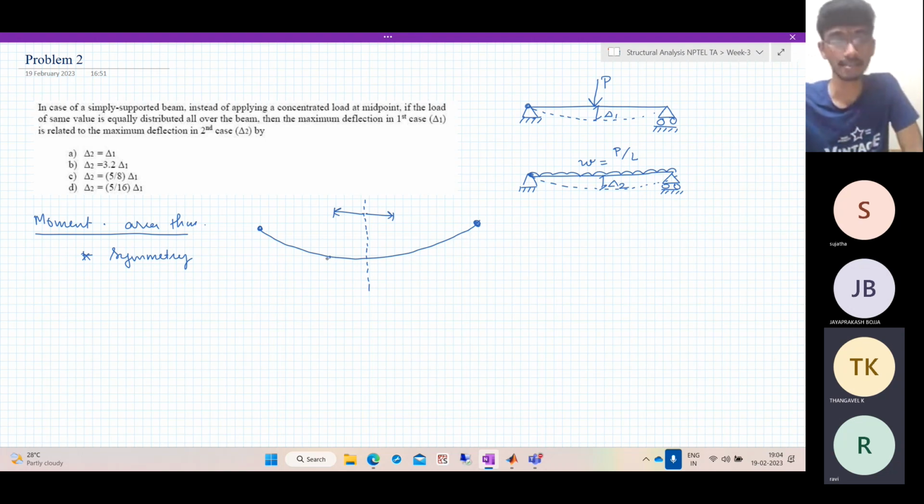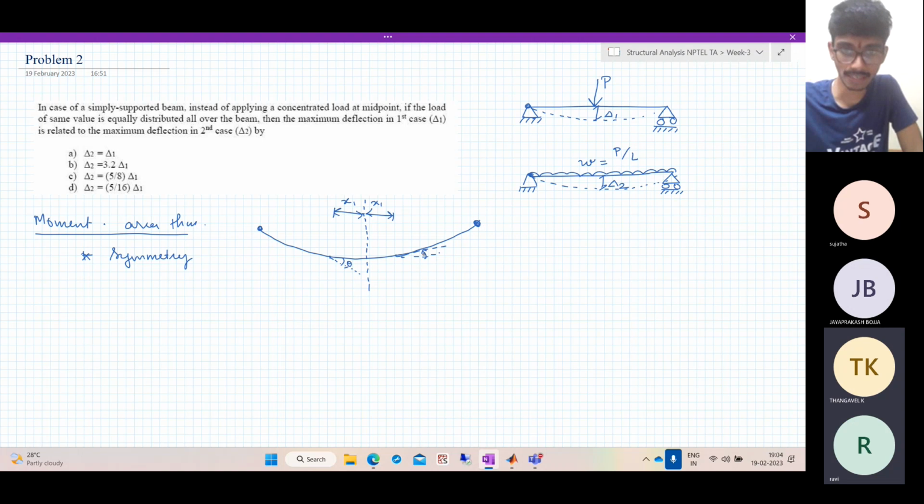So at a distance x1 from the mid on both sides, here the slope is theta, and at the corresponding point here the slope will be minus theta.